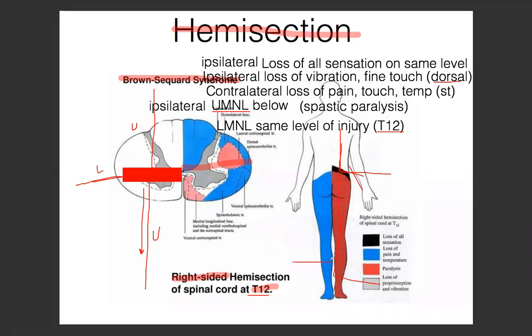Spinal thalamic بيمشي and it crosses and then it gets up and then it gets cut off and so on. يعني you have the option of imagining each tract on its own one by one until you get the answer, or you can memorize the 5 features حقت الديزيز ده. يعني على كيفكم. أنا I personally prefer to imagine it every single time عشان أقدر ألقى which tract got cut off. لكن you guys can memorize it if you want to. تمام؟ عشان تتذكروا إنه on the same level you lose everything because everything gets damaged. لكن below it it depends on the tract itself. فهمتوا؟ Any questions?